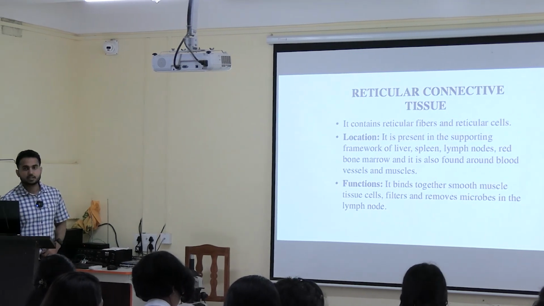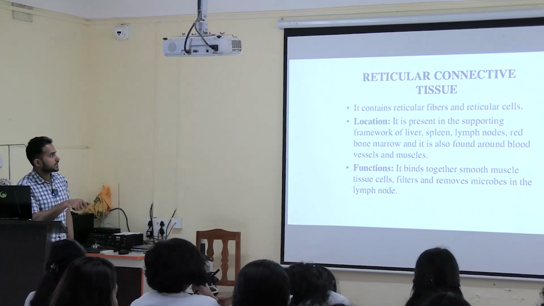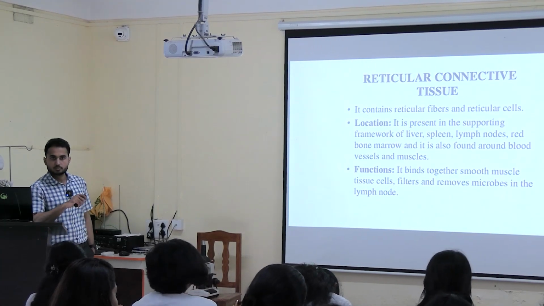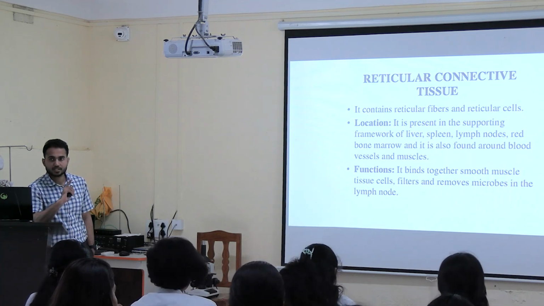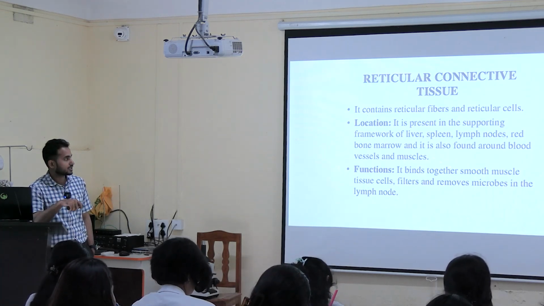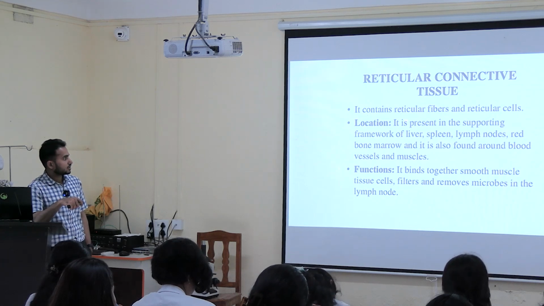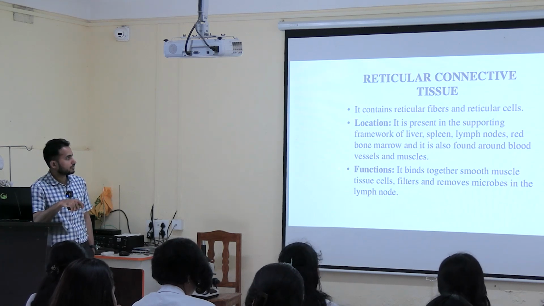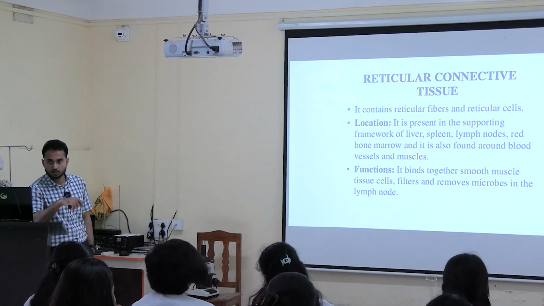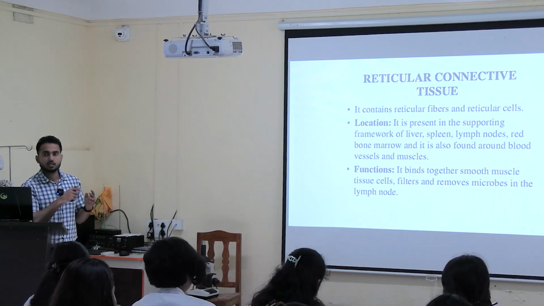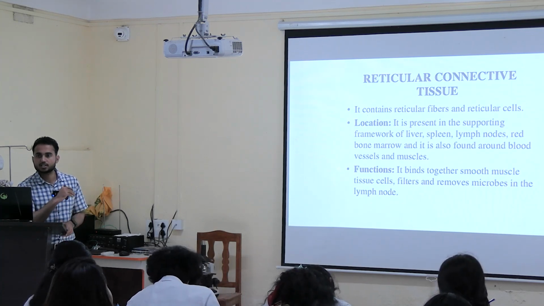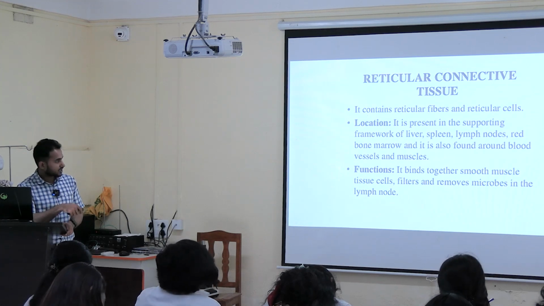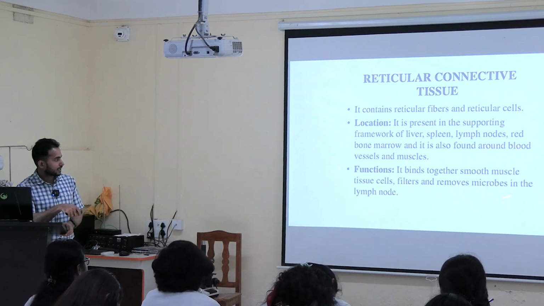Next is reticular connective tissue. It contains reticular fibers and reticular cells. Previously we discussed that whenever fibroblasts are present along with the reticular tissue, they are called reticular cells. Location: it is present in the supporting framework of the liver, spleen, lymph node, etc. Reticular tissue always provides a supporting framework to the organ where it is situated. Functions: it binds together smooth muscle tissue, and filters and removes microbes in the lymph node.